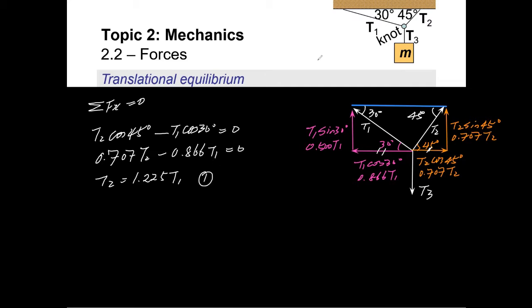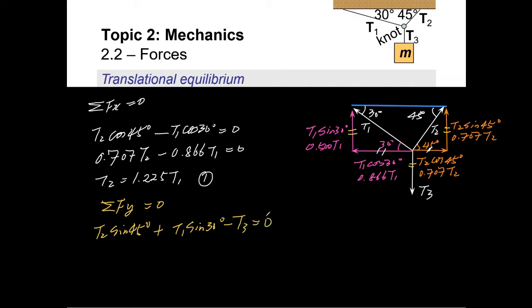Since it is translational equilibrium, the resultant force in y component also equals 0. So all upward force equals downward force. T2 sine 45 degree plus T1 sine 30 degree minus T3 equals 0.